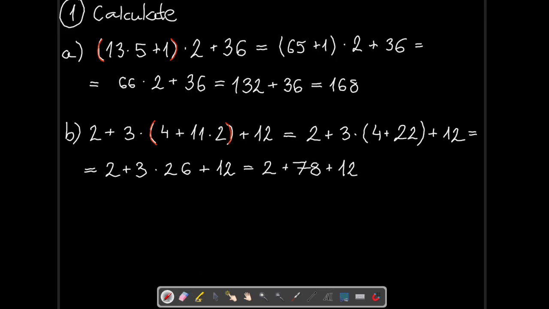Add these three numbers together, and the result of this will be 92.